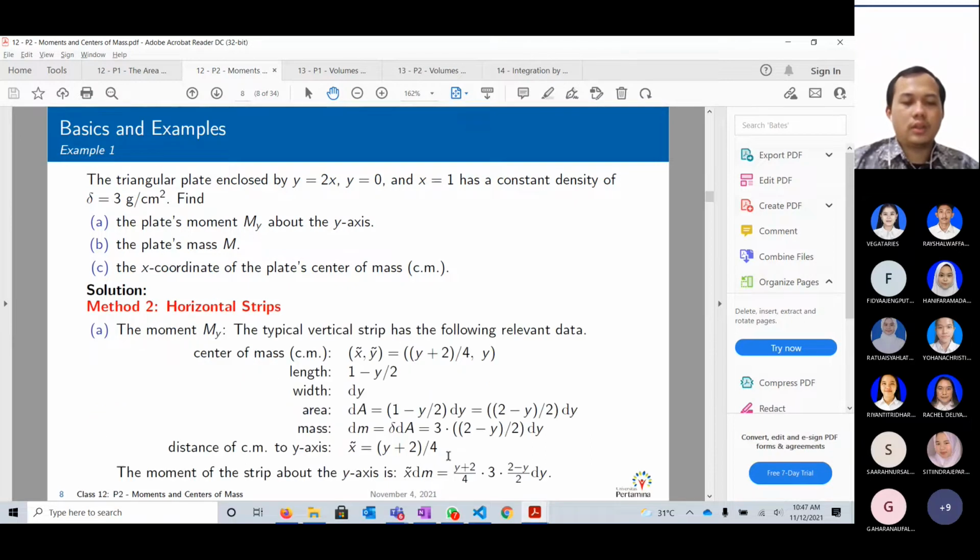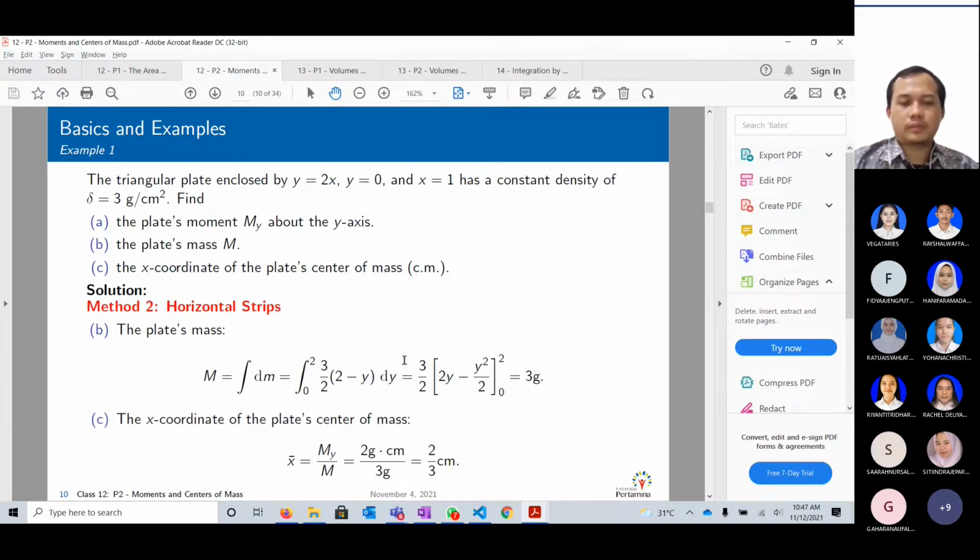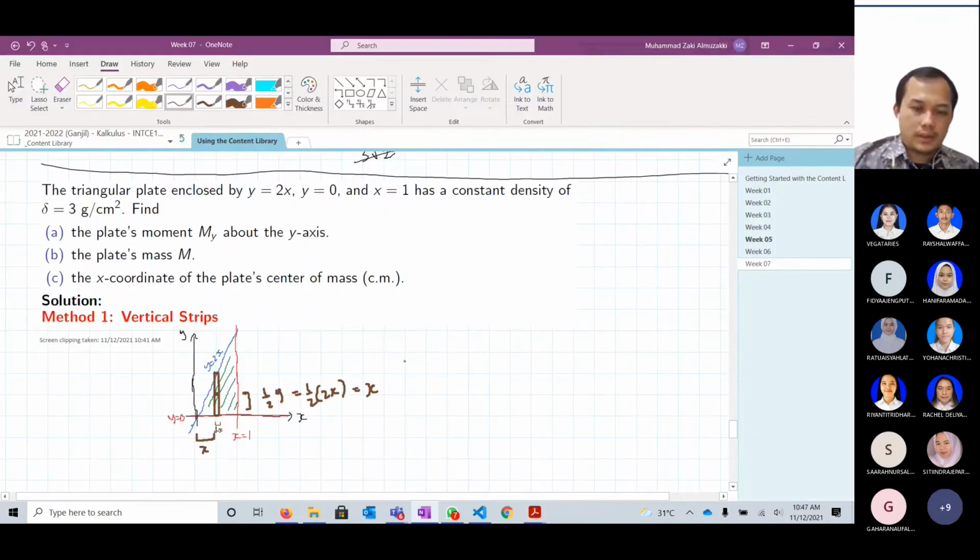And we can also use horizontal strips, which is a little bit different.